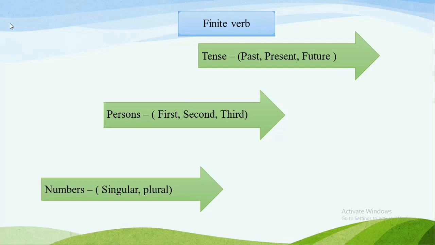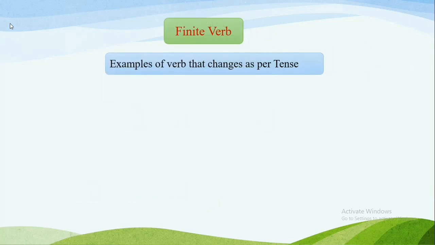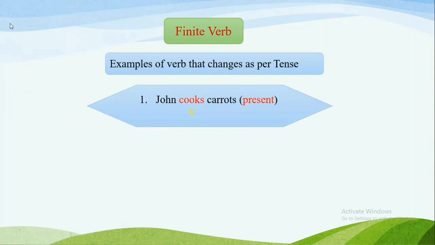Now let's understand with the help of an example. Examples of verbs that change as per the tense, that is, whether the sentence is in present tense, past tense or future tense. John cooks carrots. This sentence is in present tense.